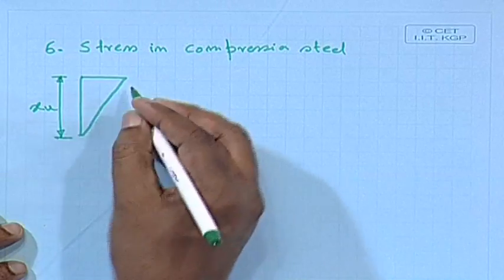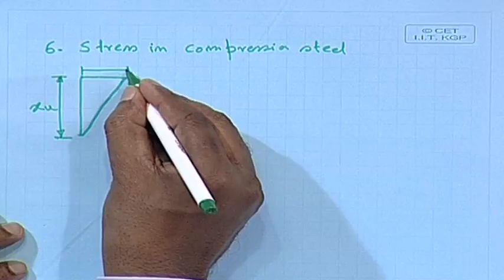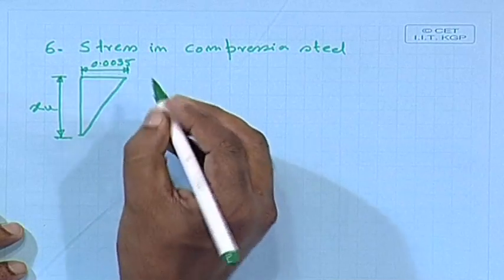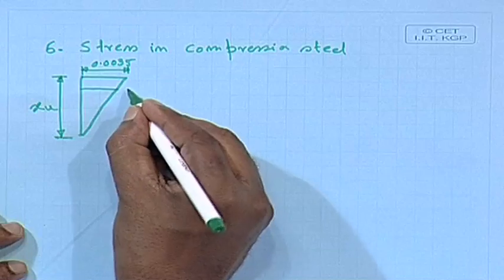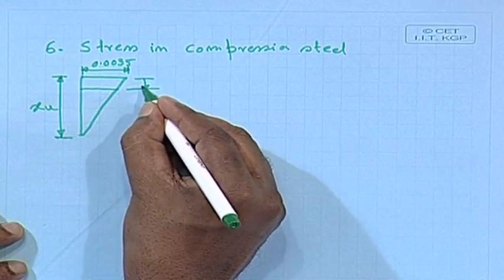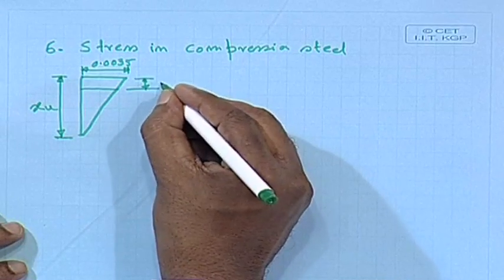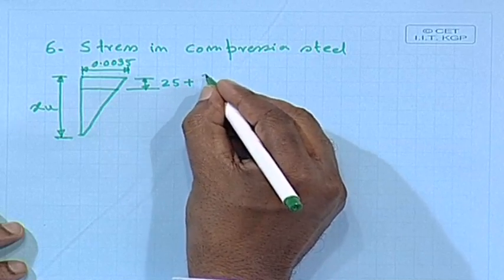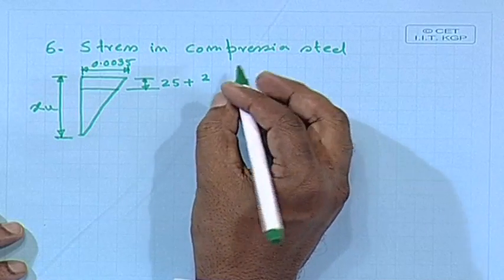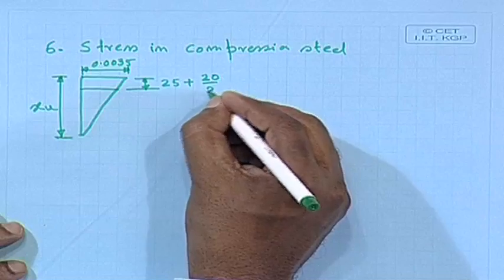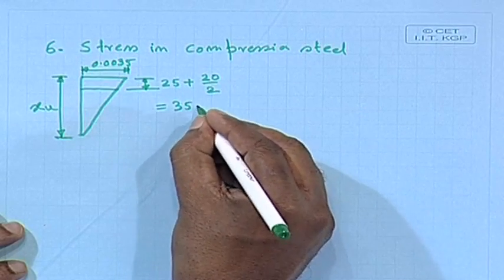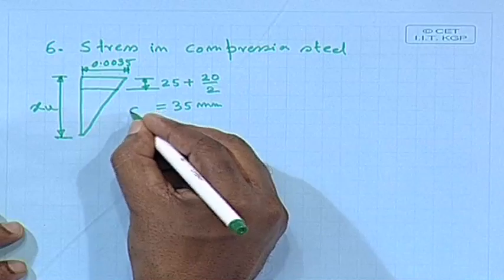So, XU 0.0035, we are assuming we shall provide 20 millimeter dia bar. So, clear cover 25 plus diameter 20 millimeter equals 35 millimeter. This is your that D dash.